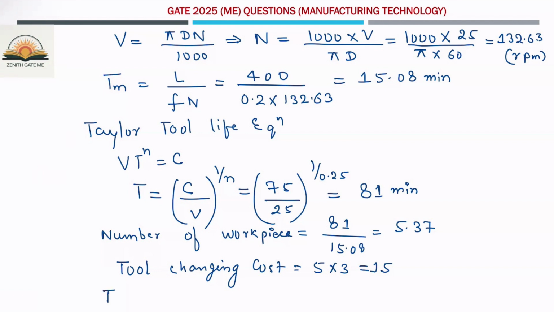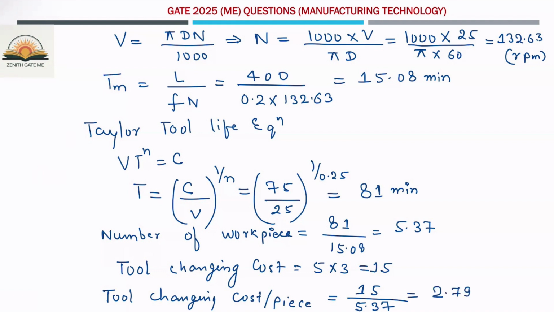So can you calculate tool changing cost per piece? Tool changing cost per piece is nothing but 15 divided by this value, which is the number of workpieces, because you are calculating per piece only. So 5.37. Once you solve, you will get 2.792.